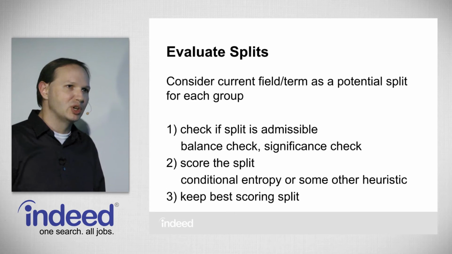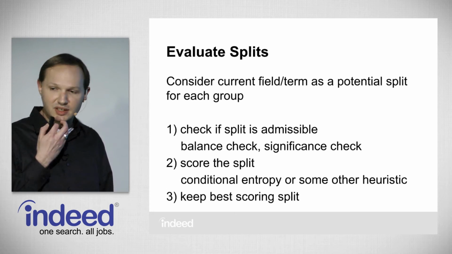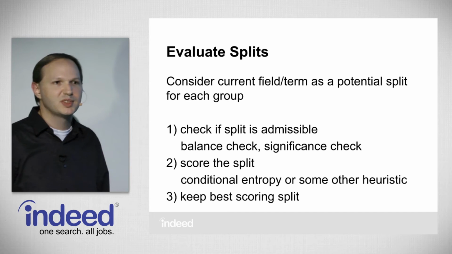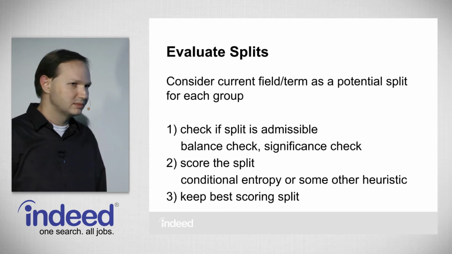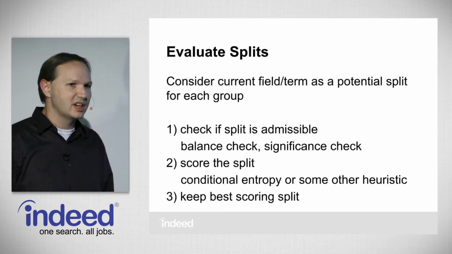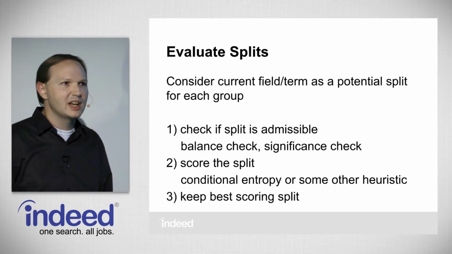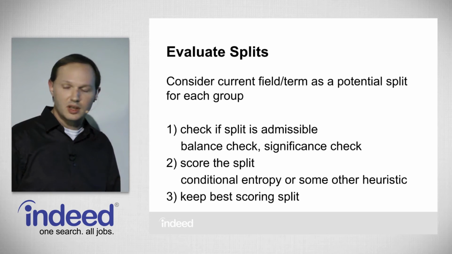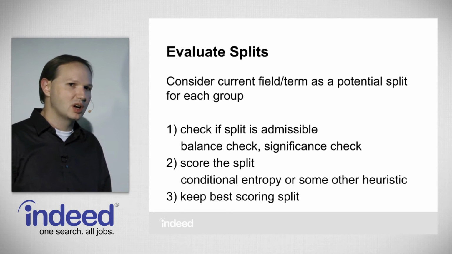Additionally, you don't want to just build a predictive model on noise, so you also do a significance check. In this case, since it's a Boolean prediction, use something like a chi-squared significance check. You're going to score it if it passes the admissibility test. And like I said earlier, we're using conditional entropy, but you can use a lot of different ways of scoring this split. And we're going to retain the best scoring split as we go along.